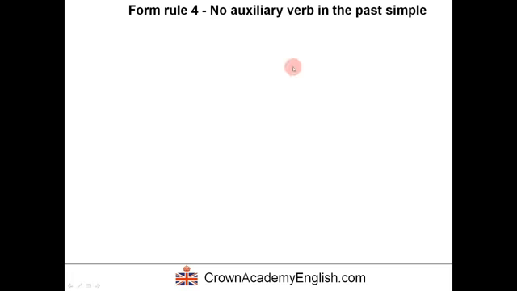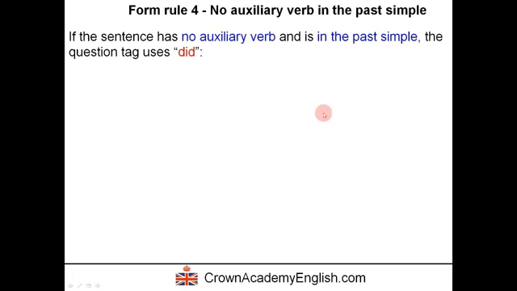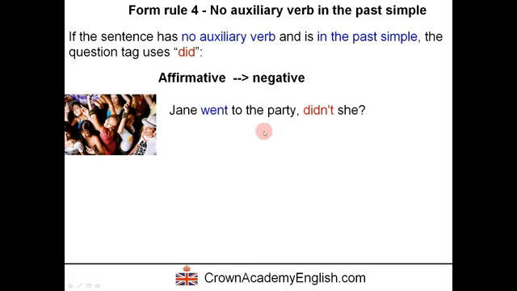Okay, and finally rule 4, no auxiliary verb in the past simple. So if the sentence has no auxiliary verb and is in the past simple, then the question tag uses did. Jane went to the party, didn't she?